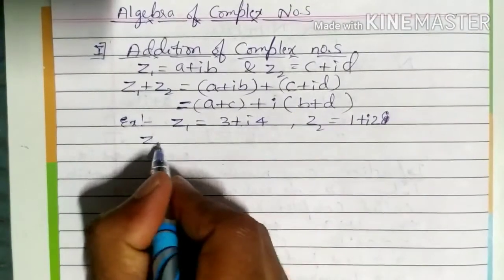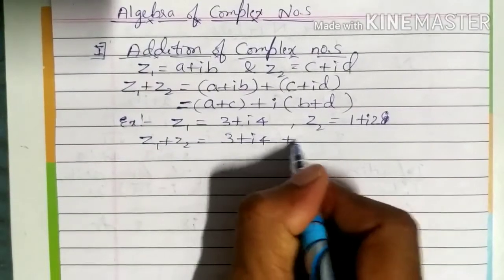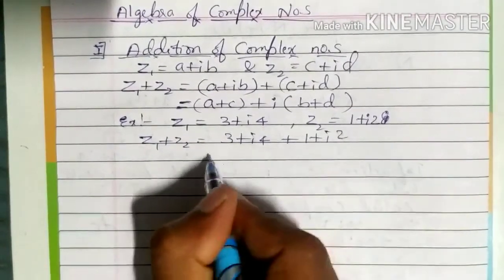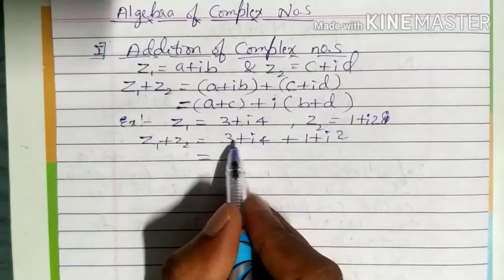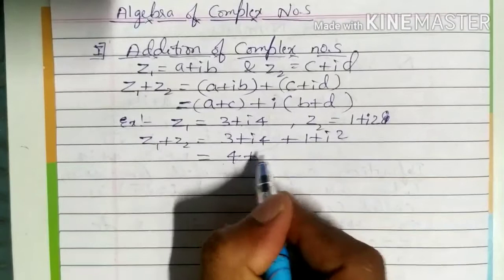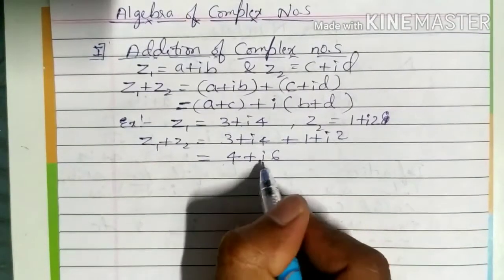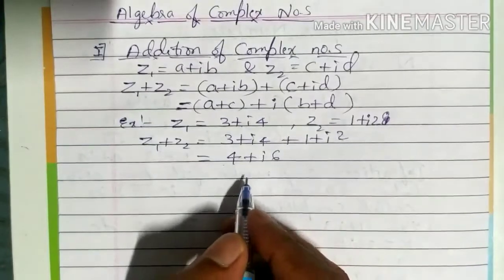z1 plus z2 is equal to 3 plus i4 plus 1 plus i2, that is equal to 3 and 1 are real parts. 3 plus 1 is 4, and 4 plus 2, i common, is 6, i6, right? This is how you add, simple addition.